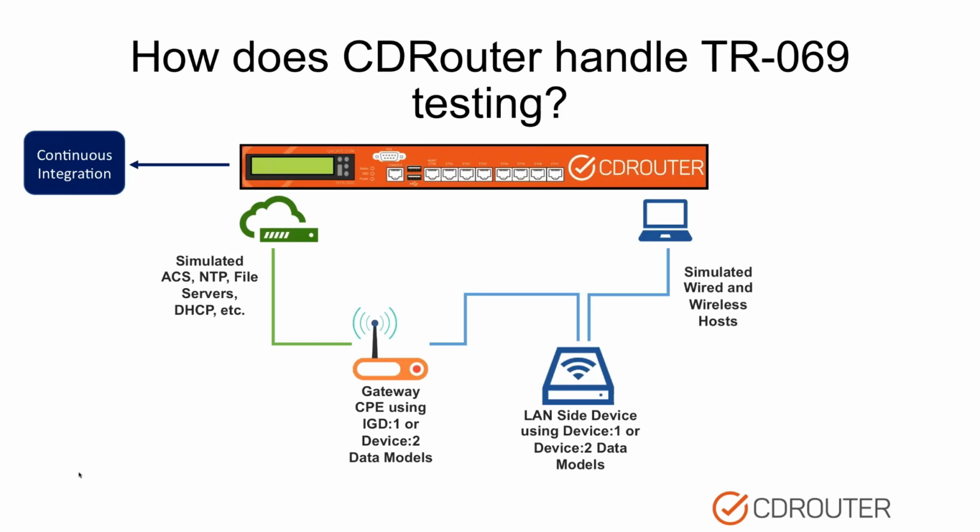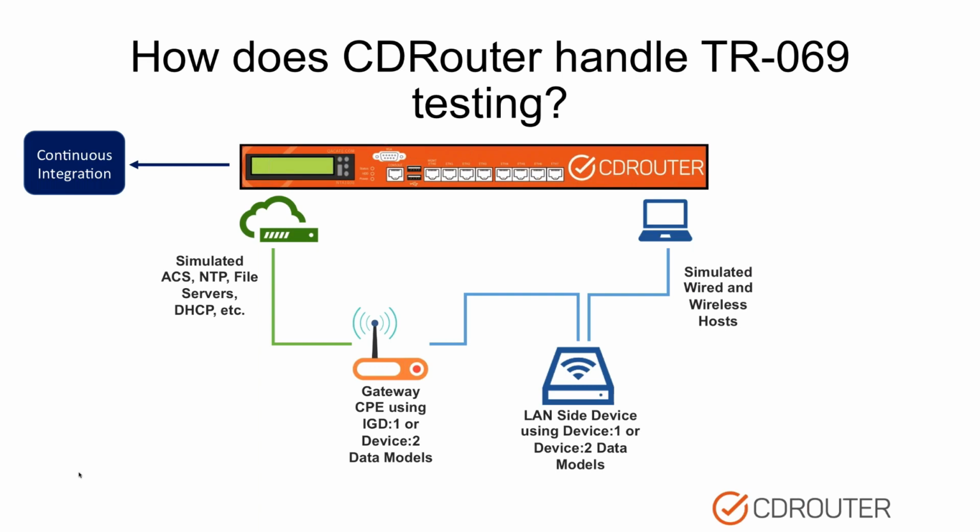So CDRouter handles this by creating a simulated ACS, and that ACS is active while the testing is going on and is turned down as a service, just like all the other services that CDRouter simulates. But we also simulate the things around that are necessary for the operation of TR-069, so things like NTP and the file servers and DHCP.